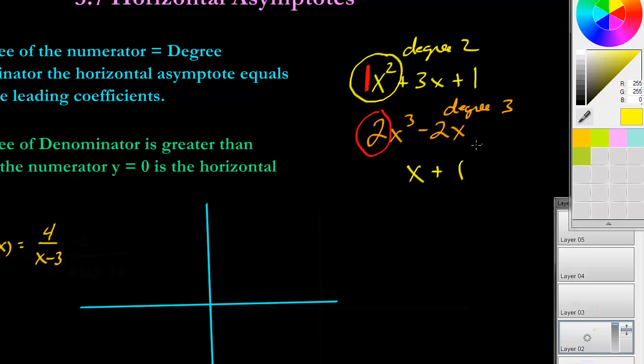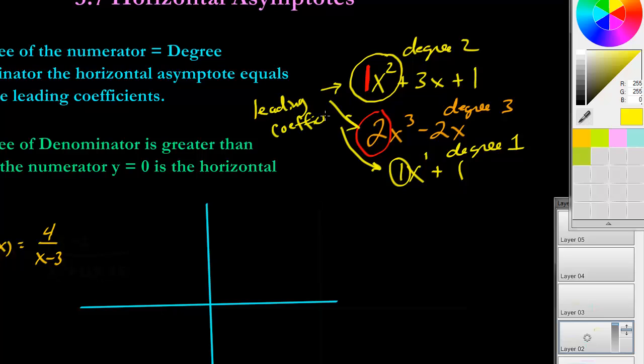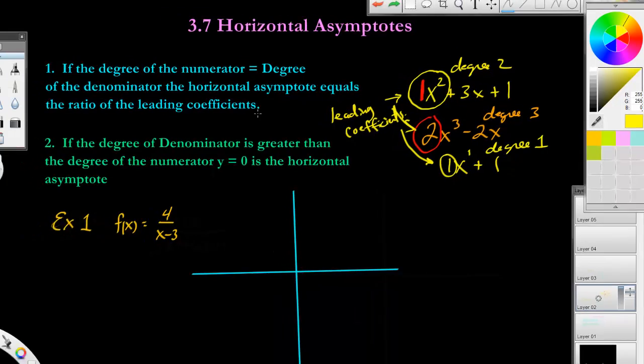The degree of this would be 1 because this is x to the first power, and the leading coefficient would be 1. These are called leading coefficients, which is super important because the rule says the ratio of the leading coefficients. So we need to know what that means.